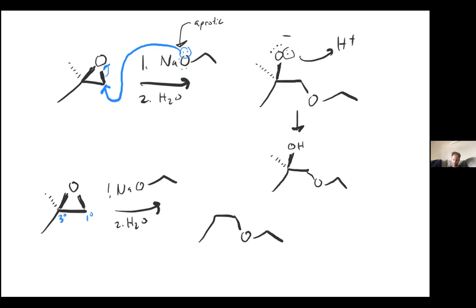That's where our nucleophile is going to be coming off of. And then our oxygen remains attached to that tertiary center. There are a whole bunch of different reagents that we can do this with, and they're all going to have this exact same pattern.